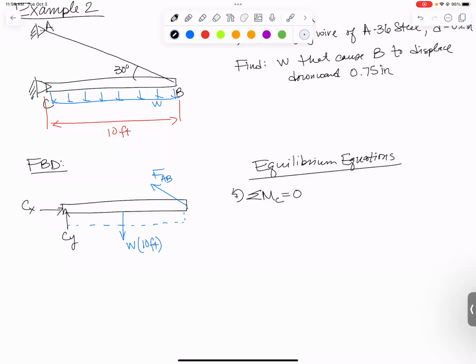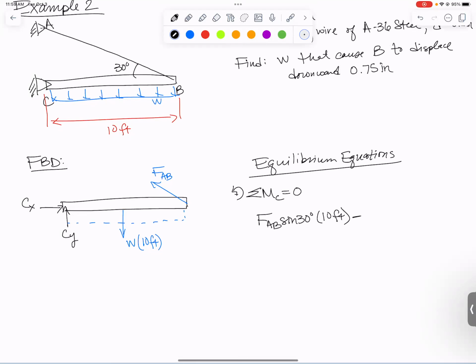So as far as the moments about C, the vertical component of FAB, that's FAB sine 30, is 10 feet away from point C. That's the perpendicular distance. The horizontal component of FAB is pointed right at point C. It does not cause a moment. And now in the other direction, I've got W times 10 feet.